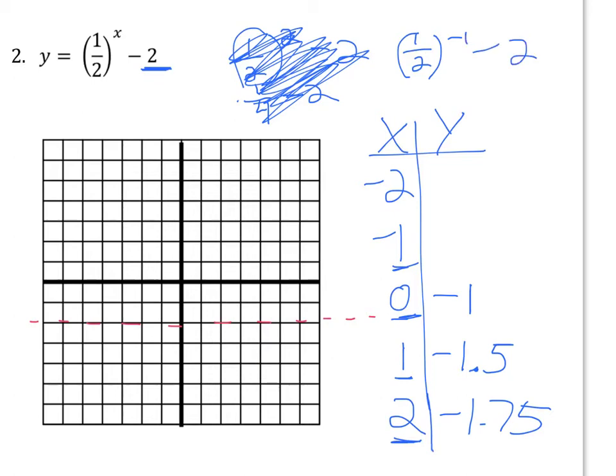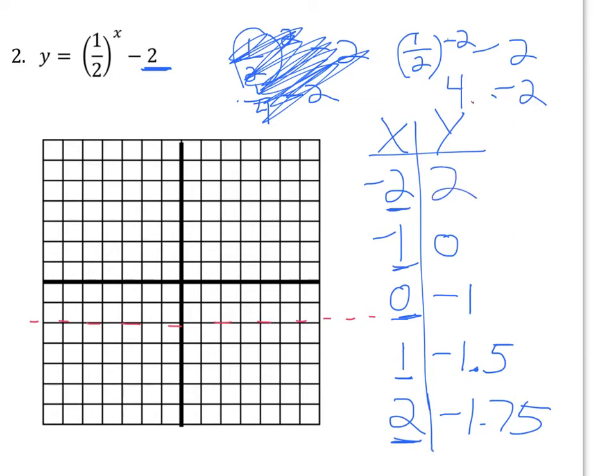So 1/2 to the -1, I just flip it so it becomes 2, and then 2 minus 2 is 0. Then I'm going to plug -2 in for x. 1/2 to the -2, if you put that in your calculator, is just going to give you 4. And then 4 minus 2 is 2.